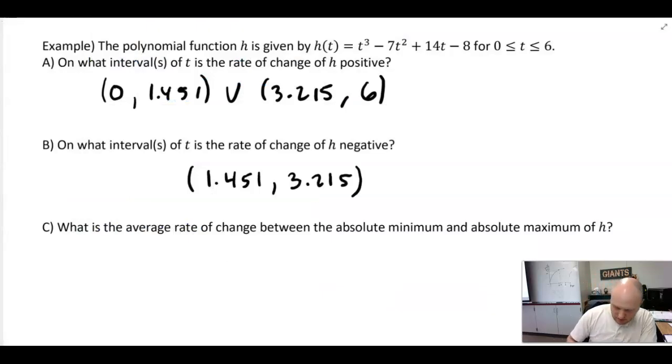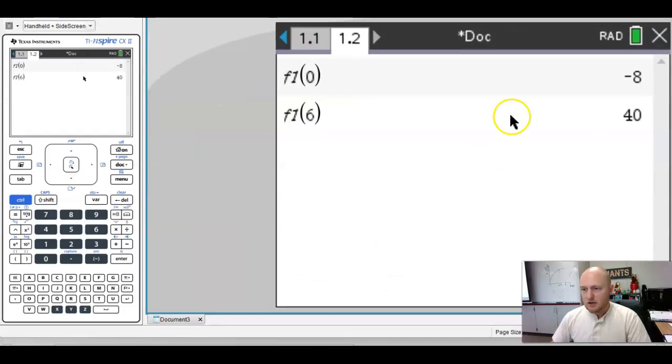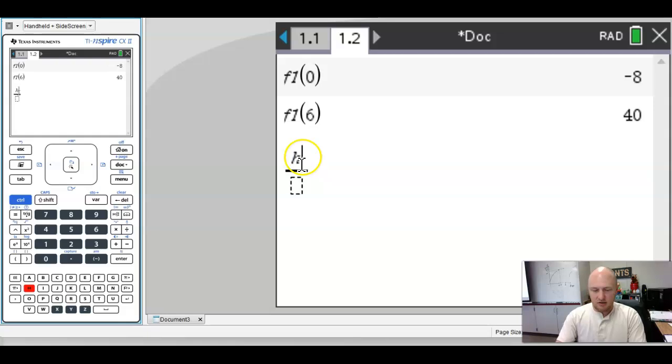So my average rate of change is equal to h of 6 minus h of 0 over 6 minus 0. You want to have a difference quotient, meaning I have a quotient and a difference in the numerator and the denominator. You have to show that. So I'll enter this, control divide, and enter h of 6 minus h of 0 over 6.